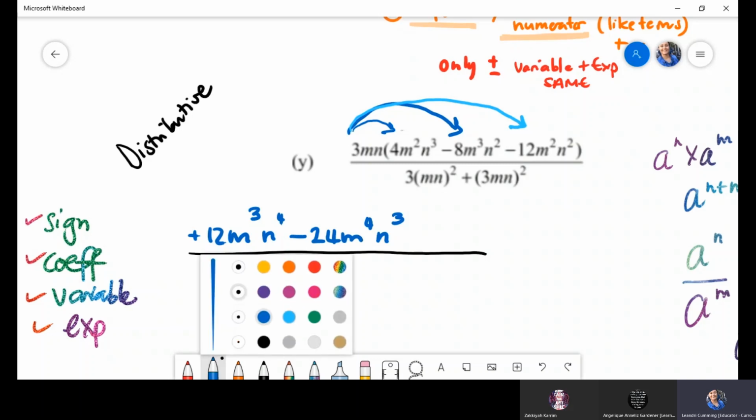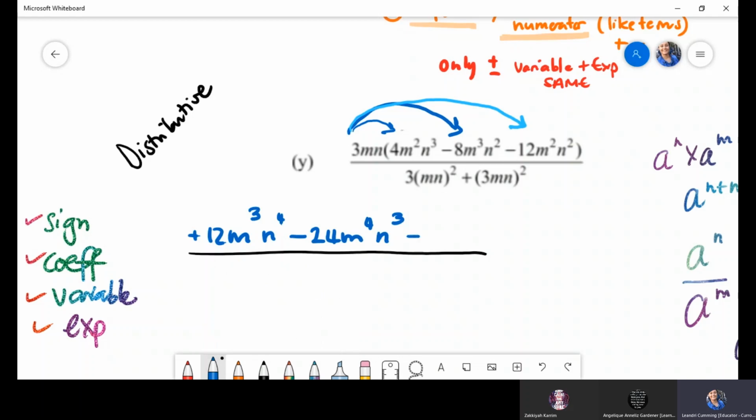And I see, okay, I've got a positive times a negative is a negative. 3 times 12 is 36. M to the power of 1 times m squared is m to the power of 3. N times n squared is n to the power of 3. There are no like terms here. We can't fuse things together when the variable and the exponent is not identical.